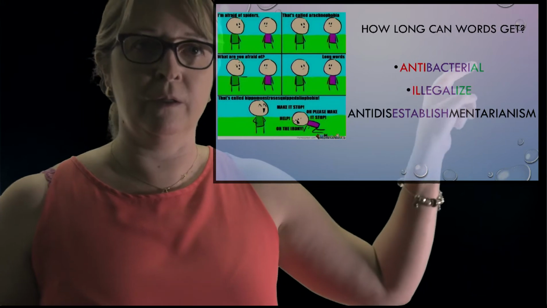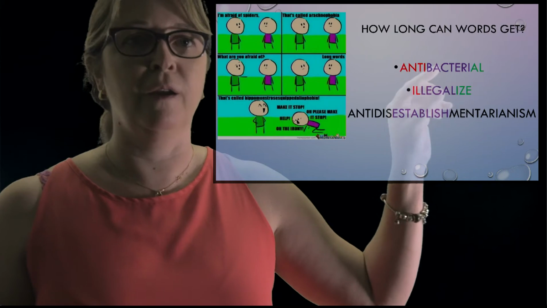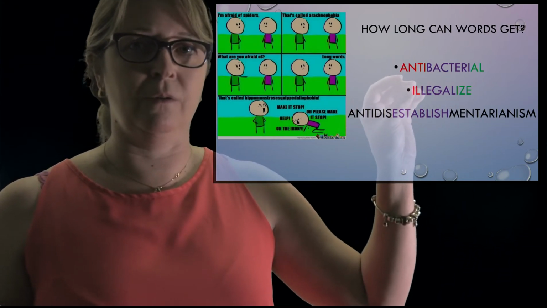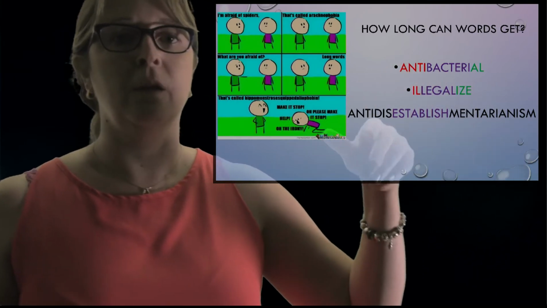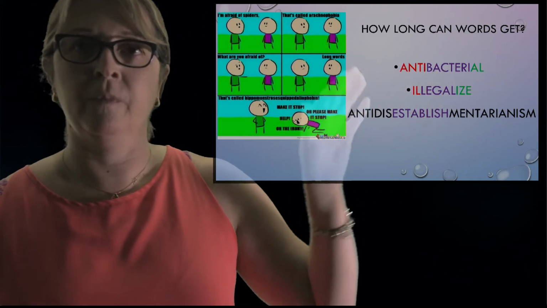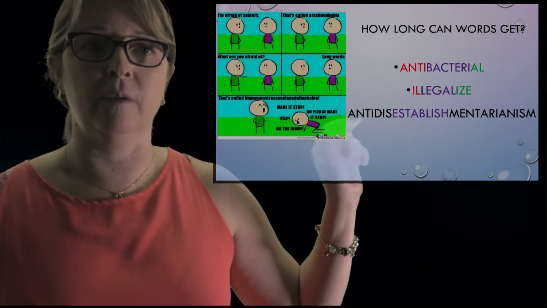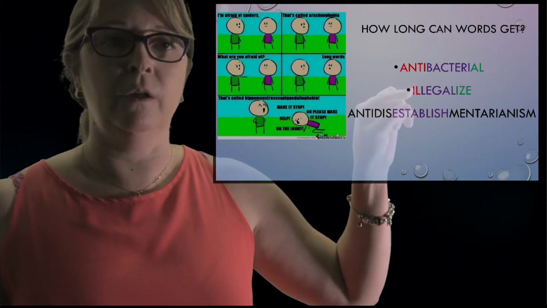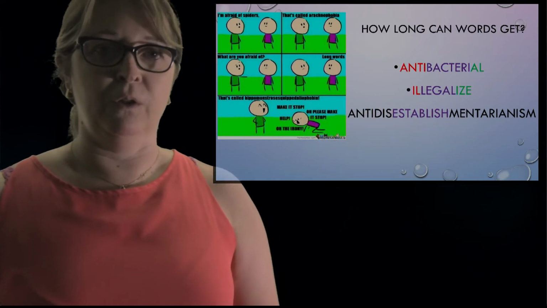Yeah, because al doesn't exist on its own. Anti still doesn't really exist on its own. I could say I'm anti, but usually you need to add something onto that. But bacteria, that part is the root. Then you have legalize, same thing, legal in the middle is the actual root, ize and ill. And then the fun word.